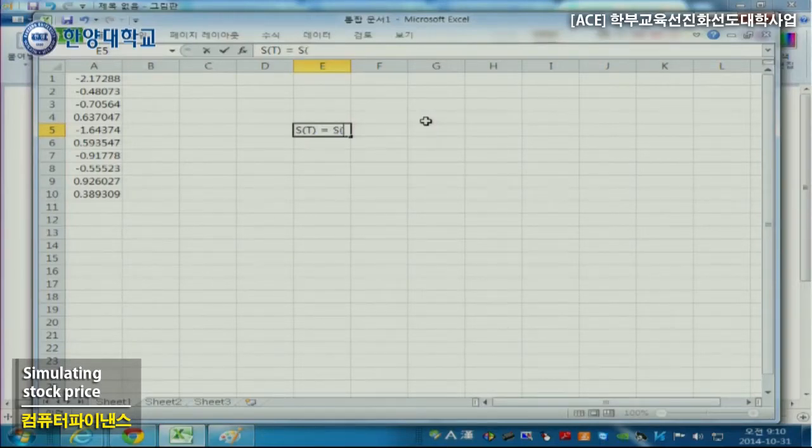S0 is the stock price today, and the stock price t times later looks like exponential of mu minus sigma square divided by 2 multiplied by t, plus sigma, and then z. Let's say z is the random number, and then root t.